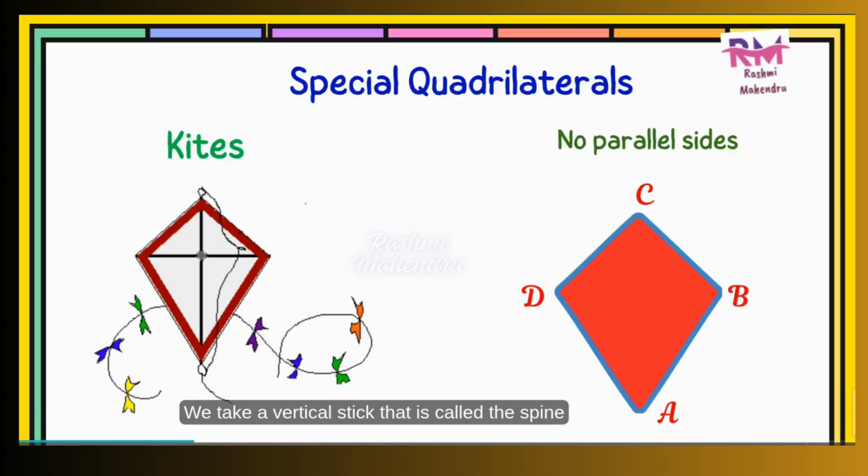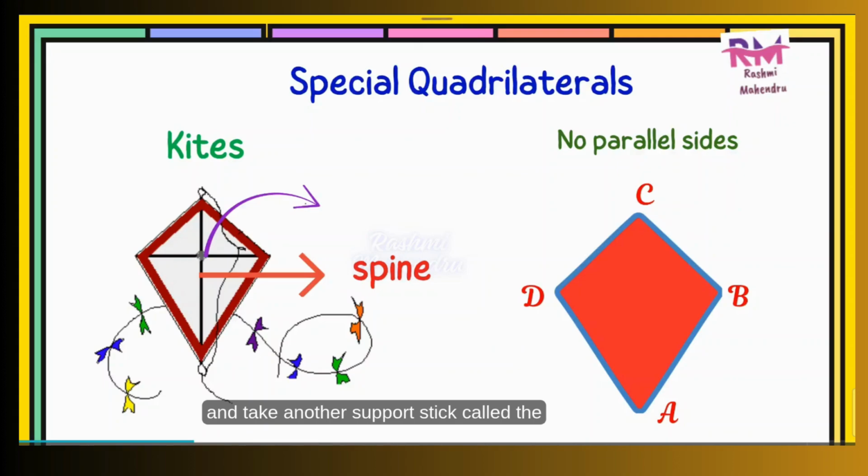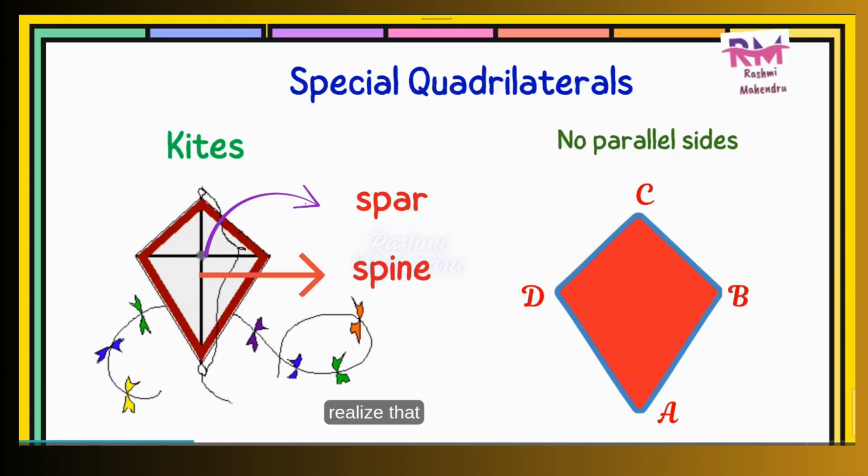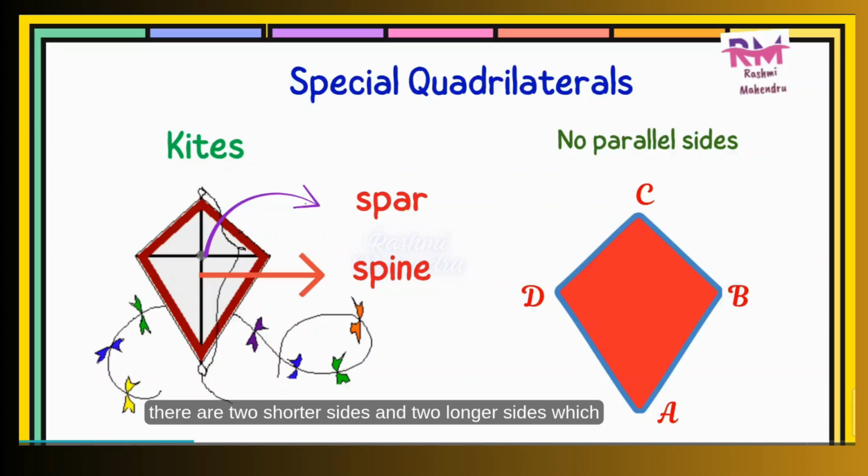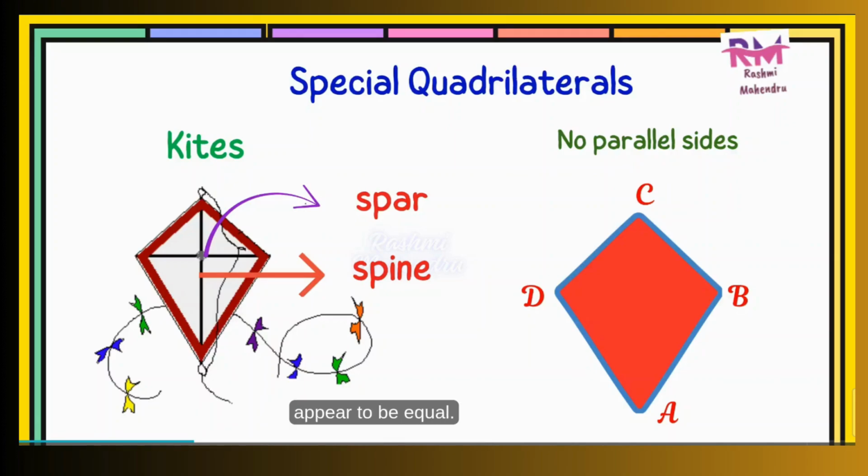We take a vertical stick that is called the spine and take another support stick called the spar and place it crosswise, creating a pivot point at 90 degrees, which is slightly above the center of gravity. This gives the optimal flight to the kite. So if you examine this kite structure, you will realize that there are two shorter sides and two longer sides which appear to be equal.